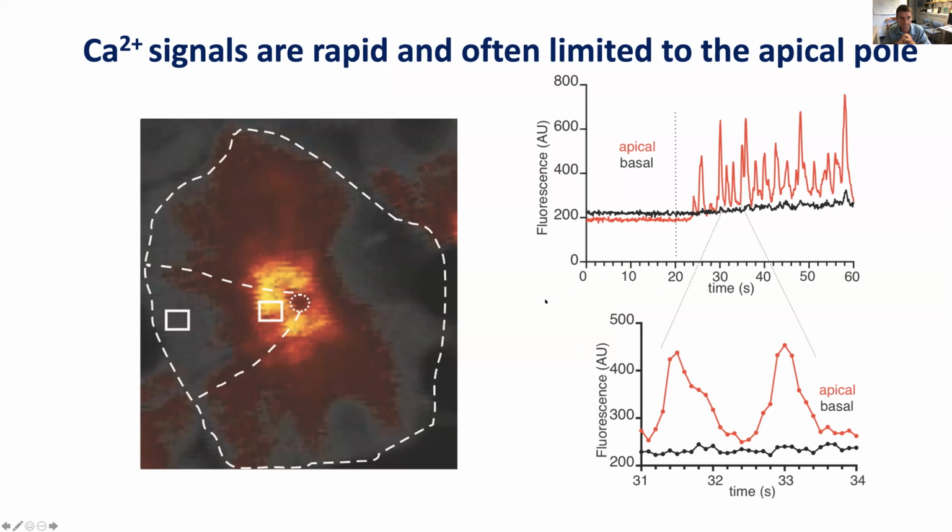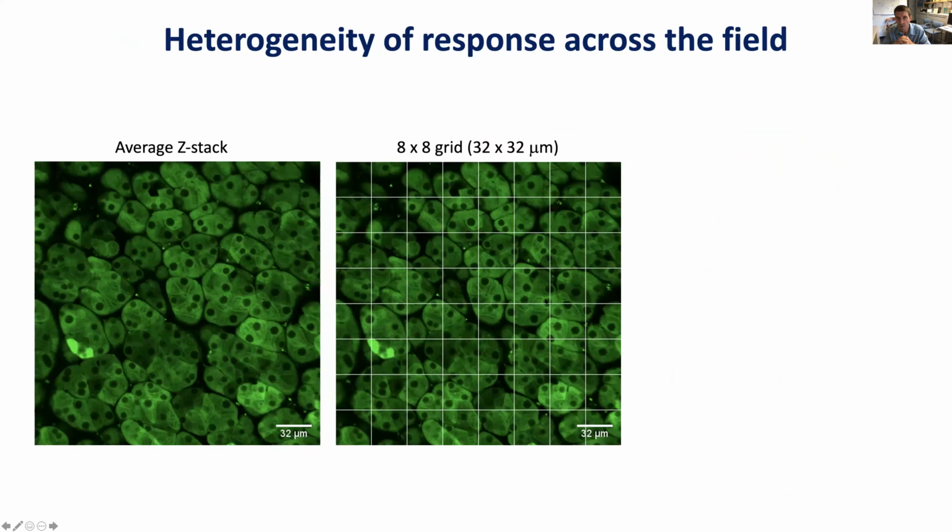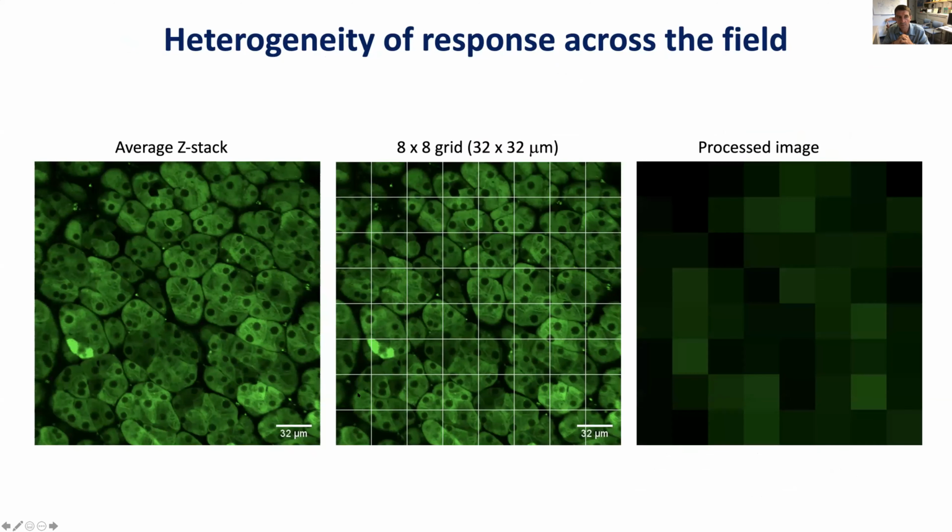So next slide. We also noticed that there was heterogeneity across the field that we were looking at. If we stimulated the glands at 3 Hertz, we'd have a portion of the cells that increased their calcium. If we increased the frequency of stimulation, we would recruit more of the field of view to respond, but the initial responding regions appear to always respond first.